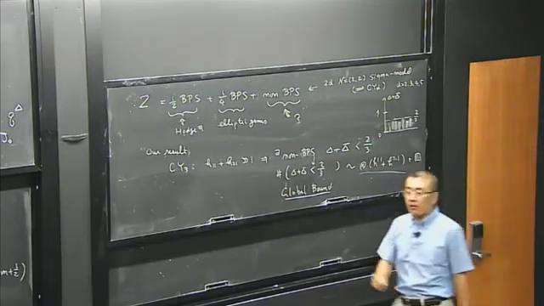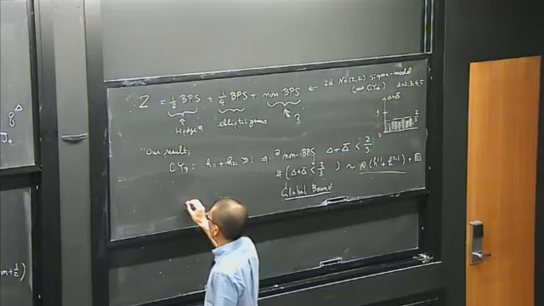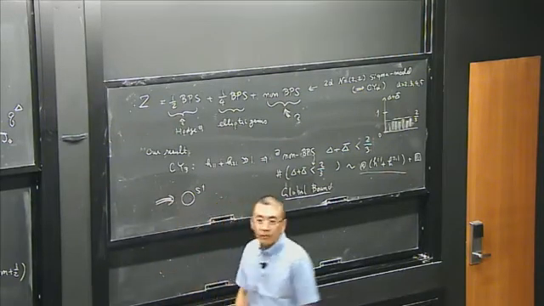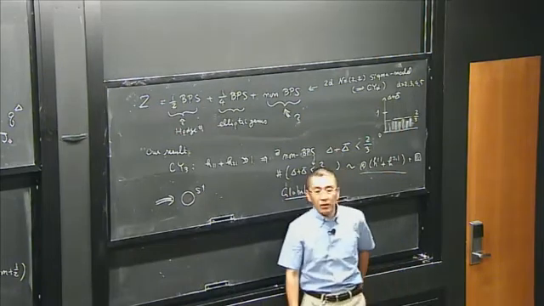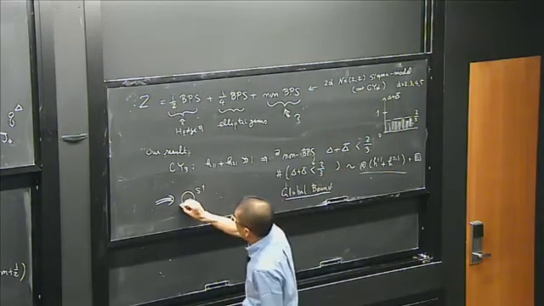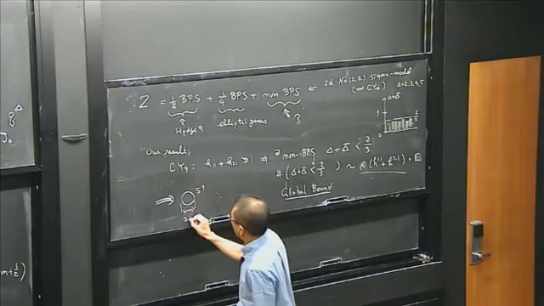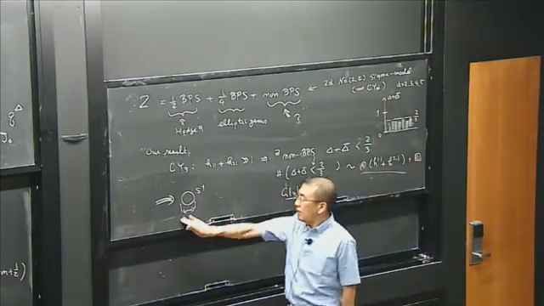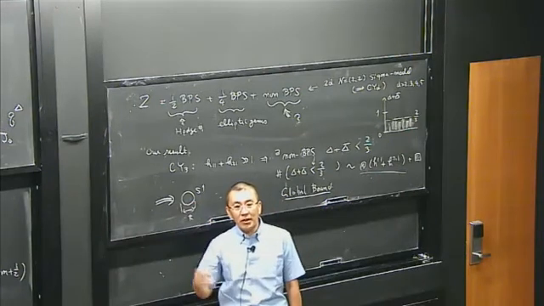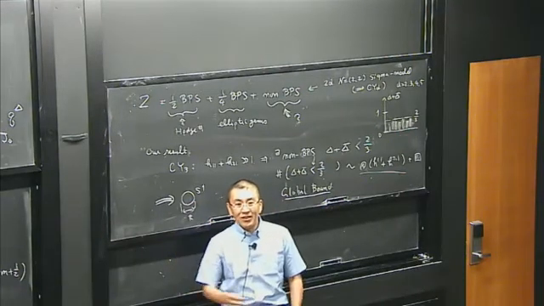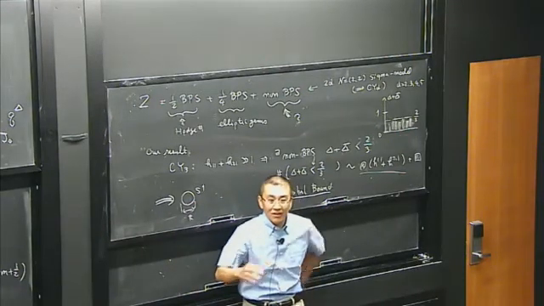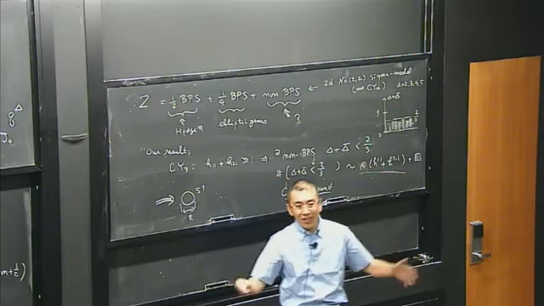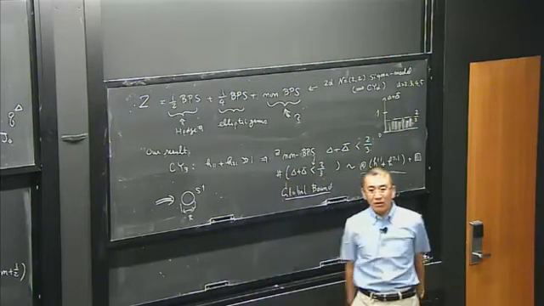So let me give you a simple example. Suppose the target space is S1, with radius R. Then of course the eigenvalue of the Laplace operator goes like 1 over R squared, so you have n squared over R squared. When R becomes large, you have low-lying eigenstates.